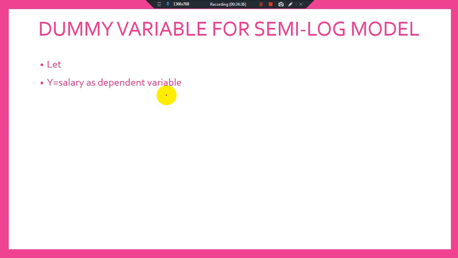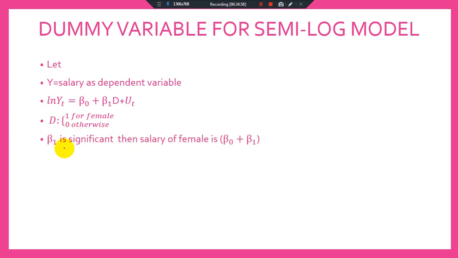Male or female are qualitative variables, and we are using these two as an explanatory variable. And we have ln yt is equal to beta naught plus beta 1 D plus ut. And here we have a dummy variable, like 1 for female and 0 otherwise.